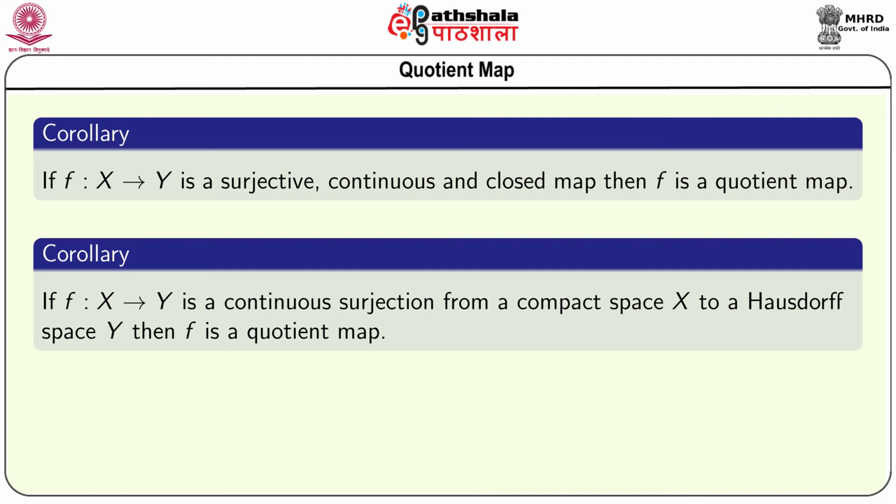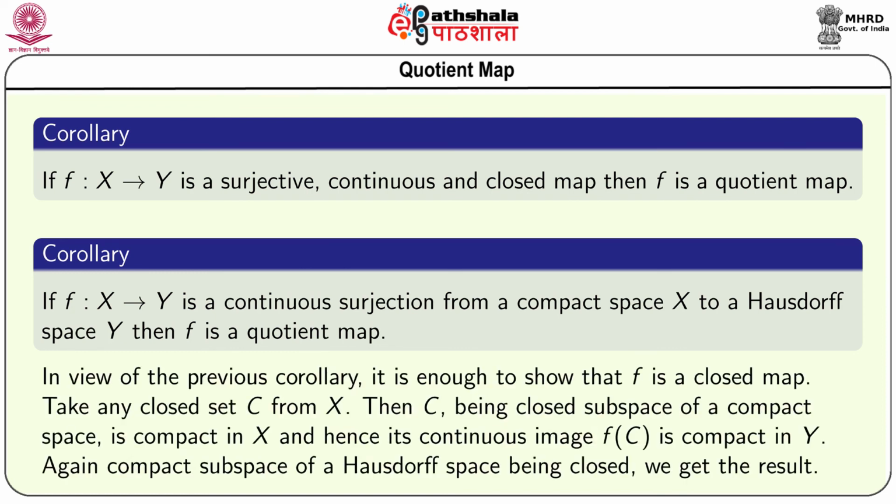If f is a continuous surjection from a compact space capital X to a Hausdorff space capital Y, then f is a quotient map. In view of the previous corollary, it is enough to show that f is a closed map. So, we start with a closed set C from X. C being a closed set in a compact space capital X, it is compact.